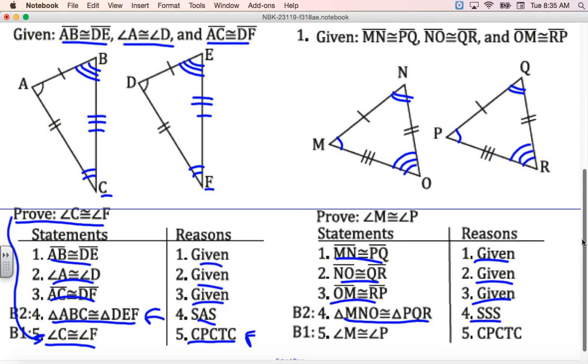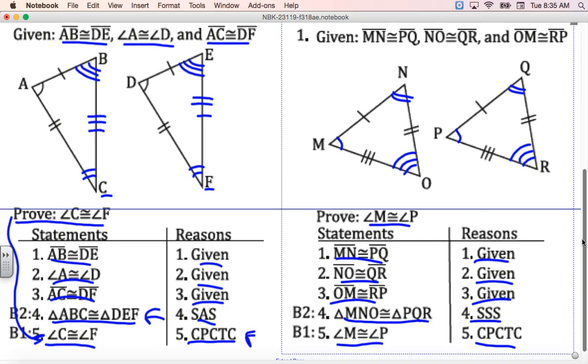So now we could say angle M is congruent to angle P, which is what we were trying to prove by CPCTC. This is kind of how this is going to work. We're going to go through the same process we did with proofs in previous parts of the module, but first prove the triangles are congruent like we normally do, and then use that to say the corresponding parts are congruent.